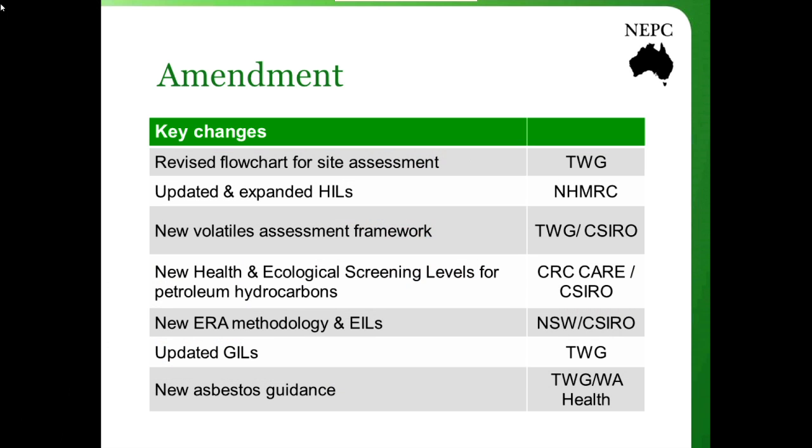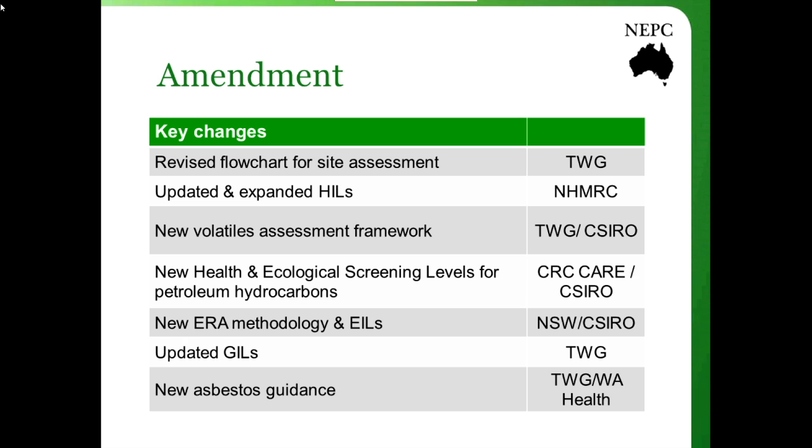And it'll be the same for the NEPM. And that means that the reference in your documents will still be to the NEPM 99. It won't be the NEPM 2013. Confusing, but that's how it is.